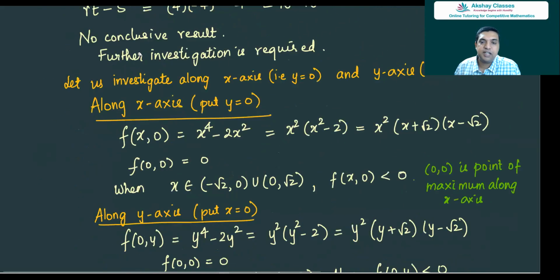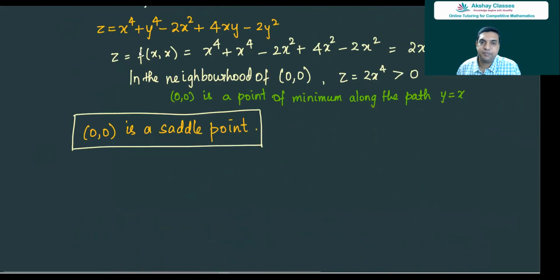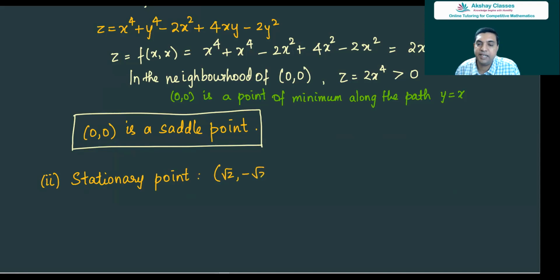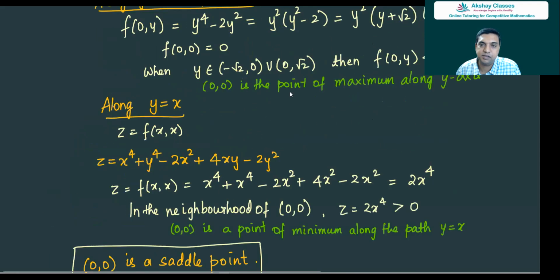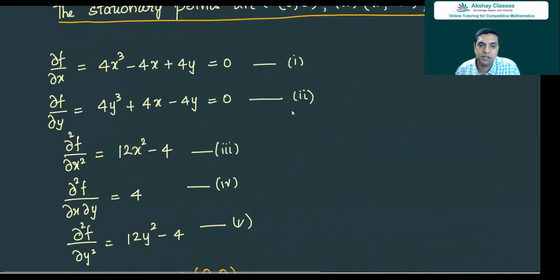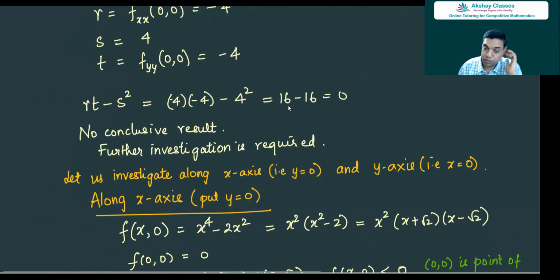So let's look at the second stationary point, (root 2, minus root 2). Now R is fxx, 12x^2 minus 4.